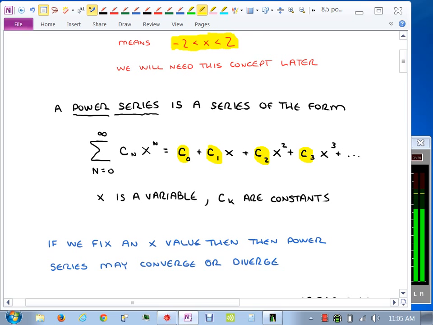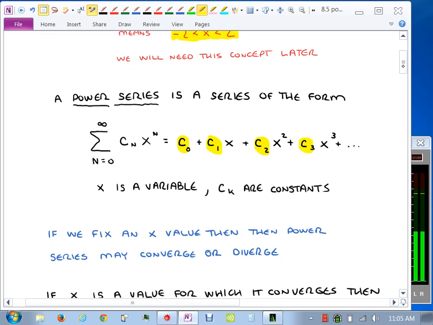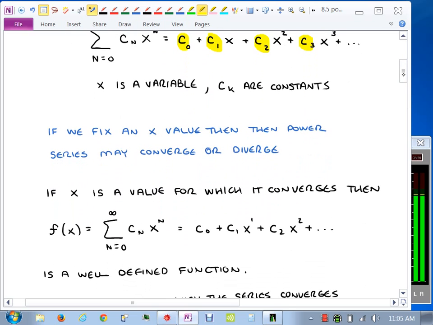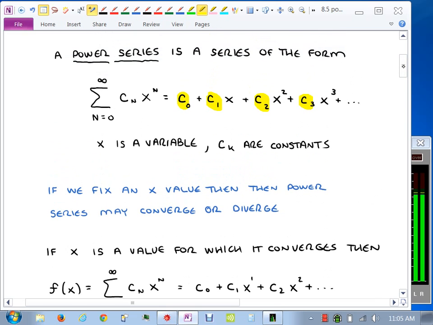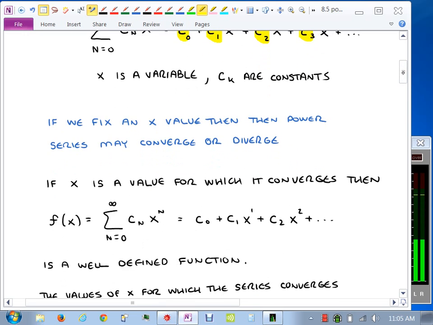So that could happen also. So x is our variable, c sub k are constants. If we fix an x value, then the power series may converge or diverge. As soon as we assign a value to x, this just becomes a series that we've been studying. That's all it is. So we'll have to investigate for what values of x it's going to converge or diverge.